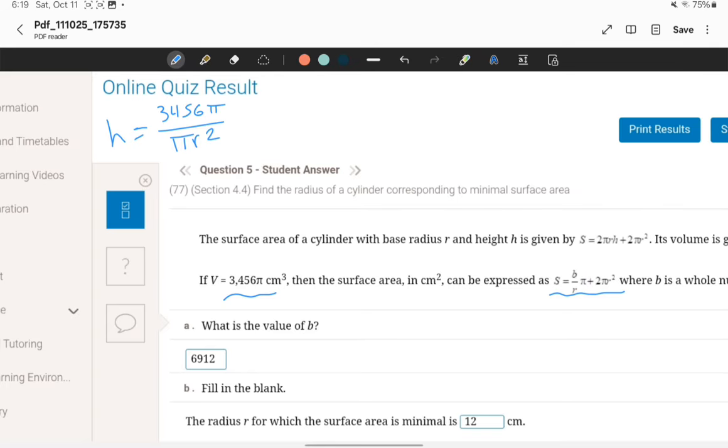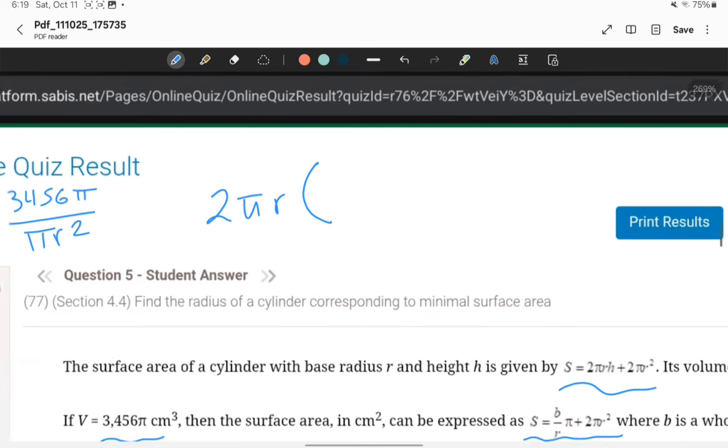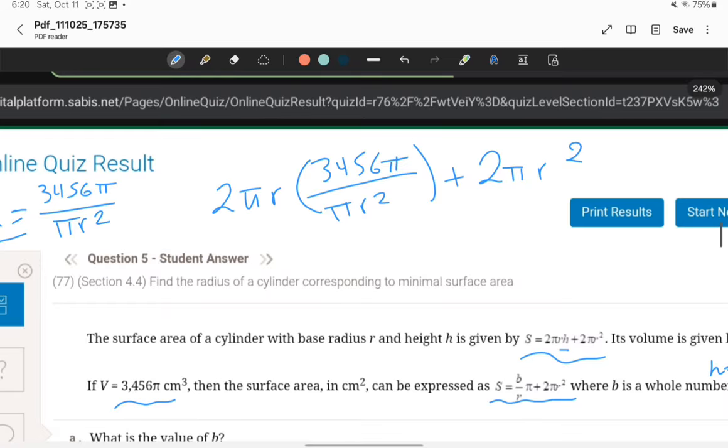We're just going to substitute our height into the surface area. So it's 2 pi r times the height, which is 3456 pi over pi r squared, plus 2 pi r squared. All we did is substitute our height here.